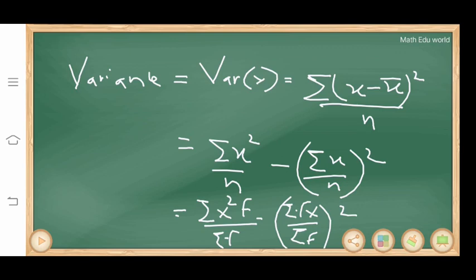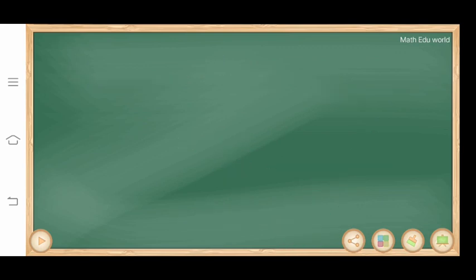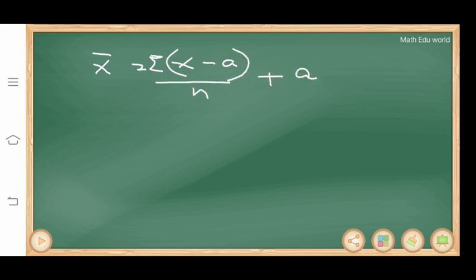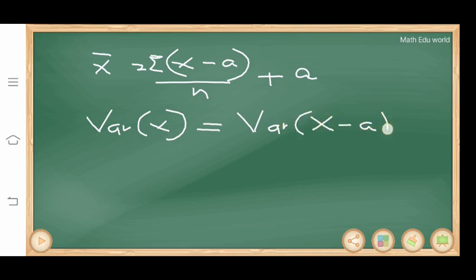Here also we need to think about coded data. For arithmetic mean, the coded data was sigma x minus a by n plus a. But in case of variance, the variance of x is the same as the variance of x minus a.